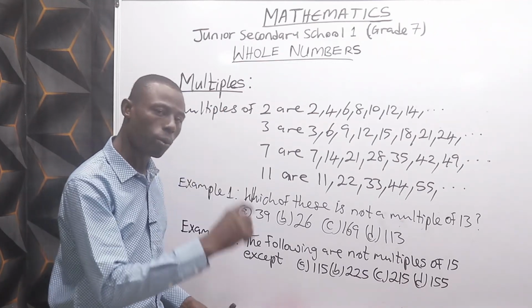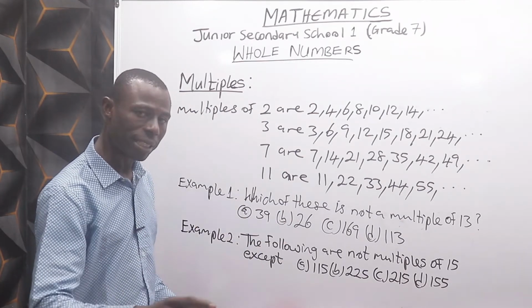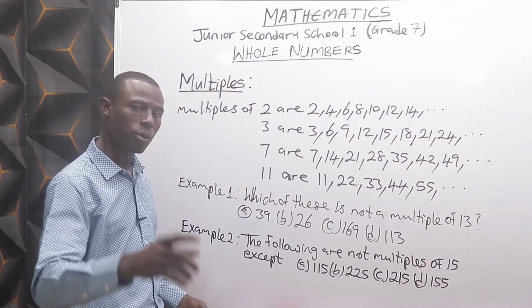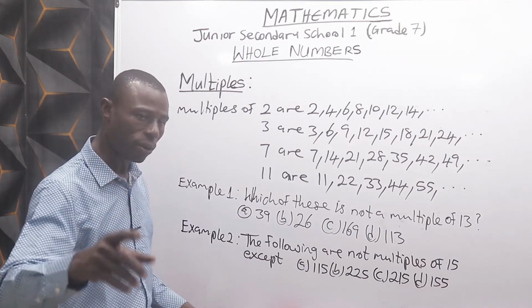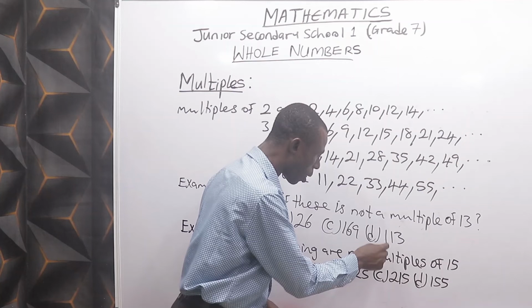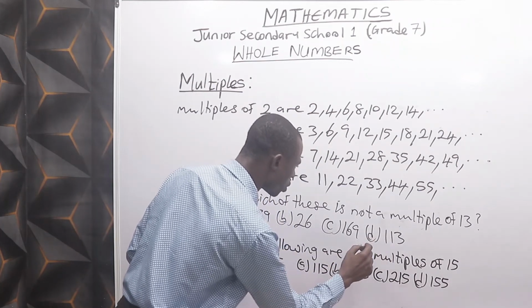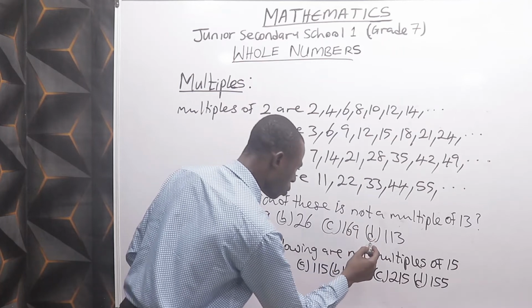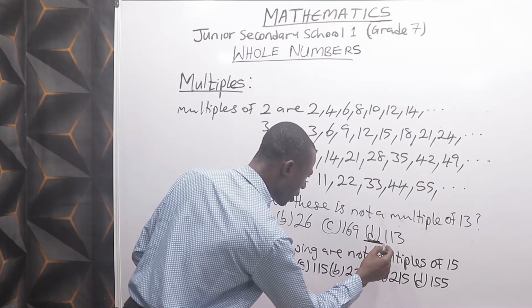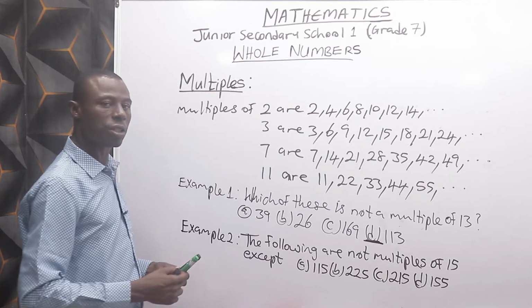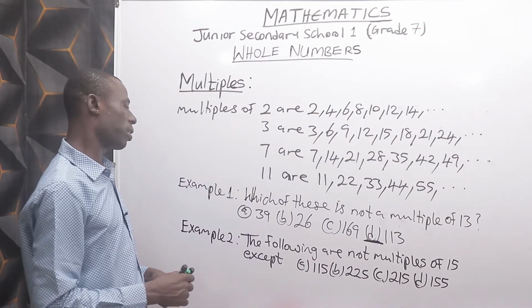If you continue to multiply 13 by numbers, 13 times 1, times 2, times 3, times 4, you can never get 113. So 113 is not a multiple of 13. So the correct option here is option D, which is not a multiple of 13.